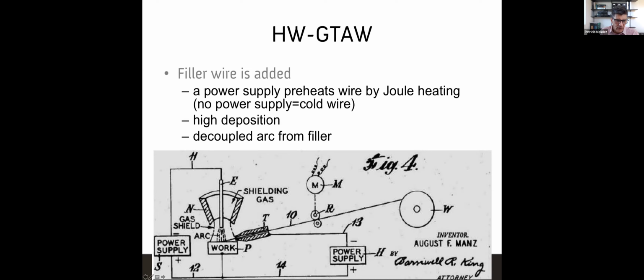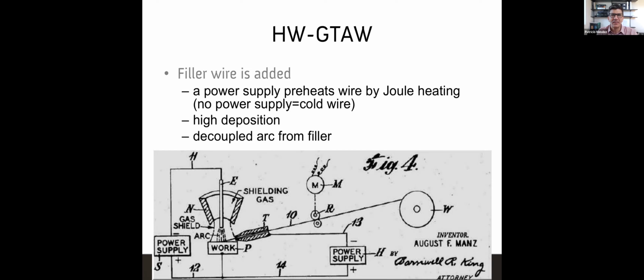And in this part, just outside the copper contact tip and the work, you're circulating current through a piece of wire, which is a resistor. And if you do it right, the wire is going to get to the weld pool already at the melting temperature.